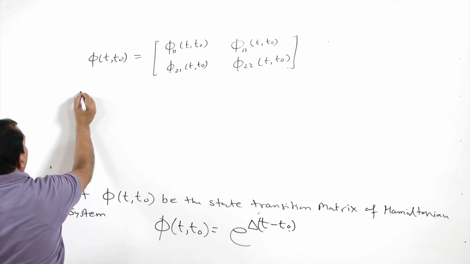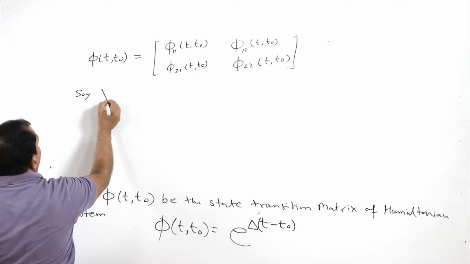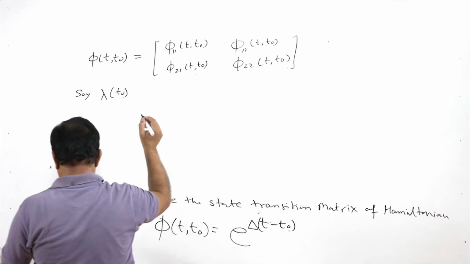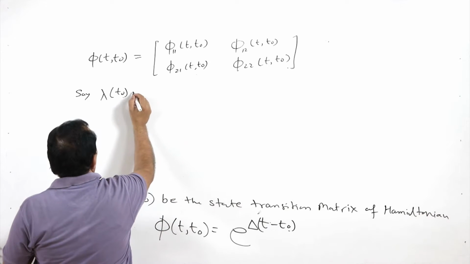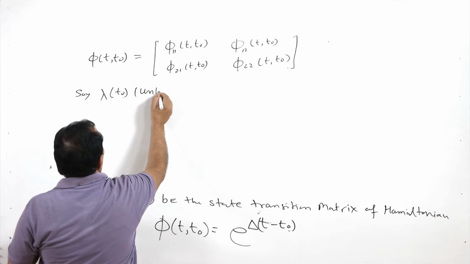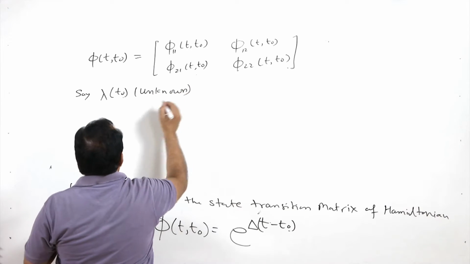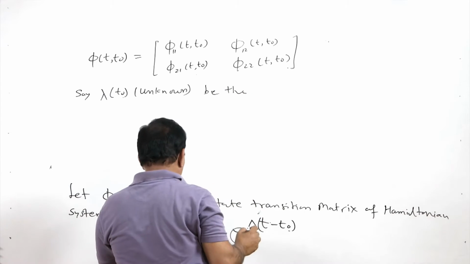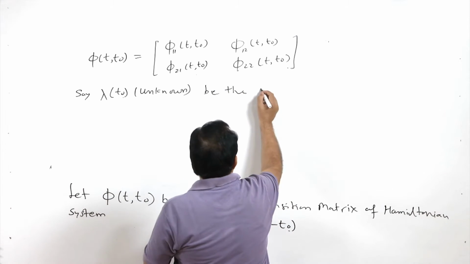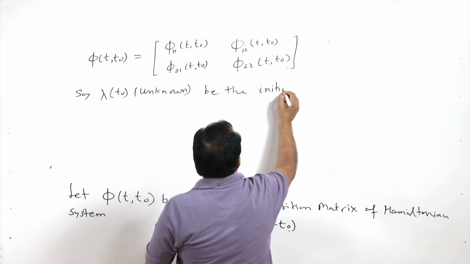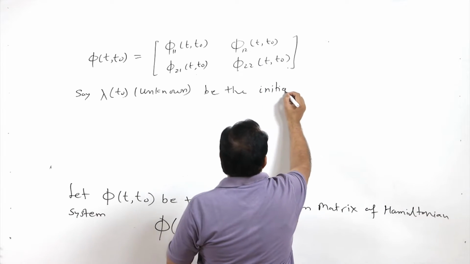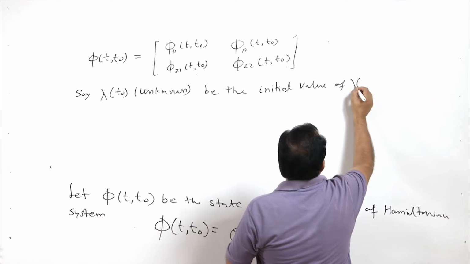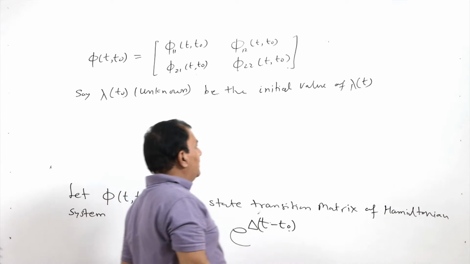Now, say lambda of t0, which is unknown, be the initial value of lambda t.